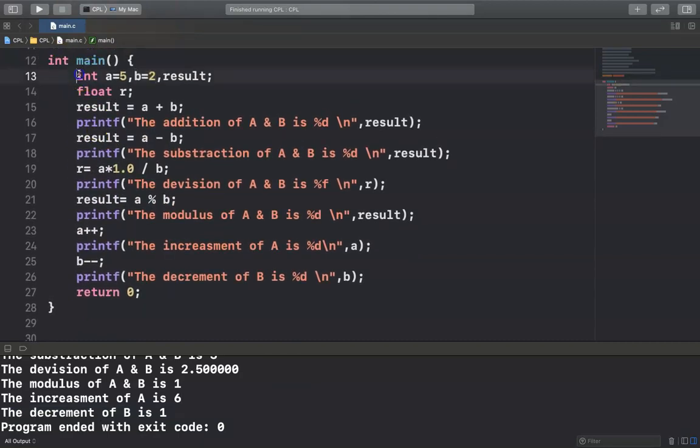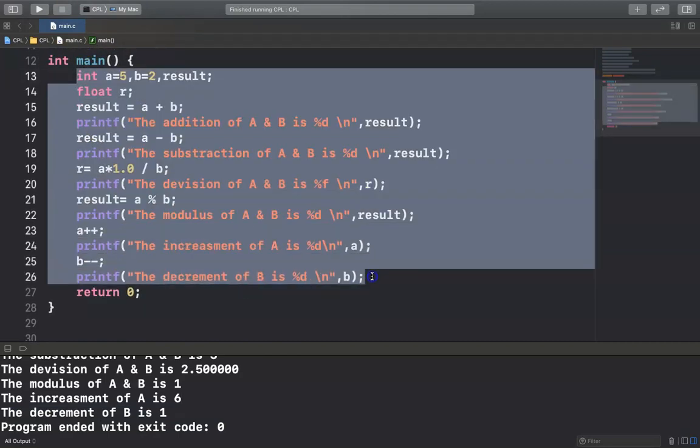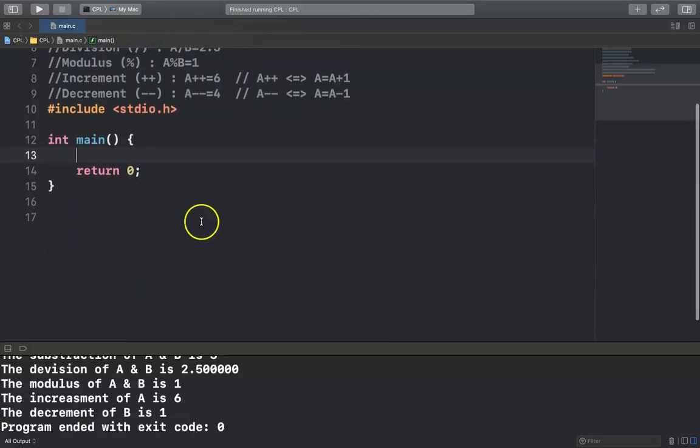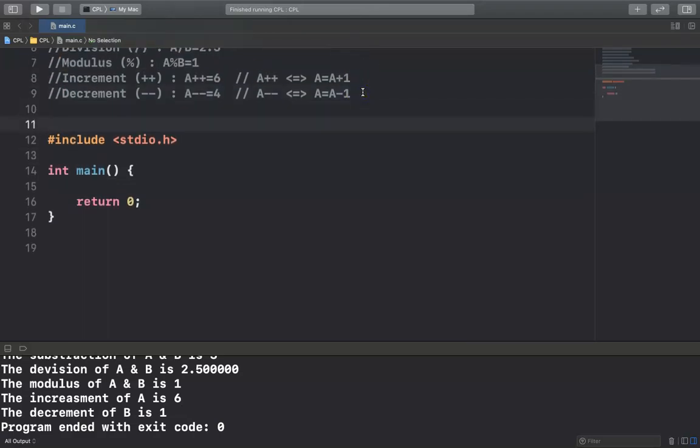I have to delete the code. For example, I want to calculate the average of the score of subject math and C programming.